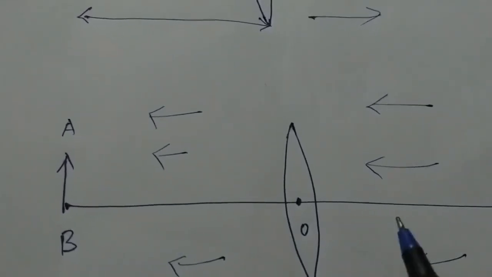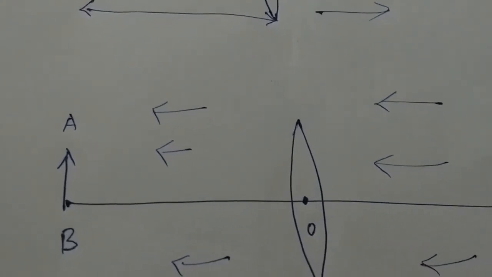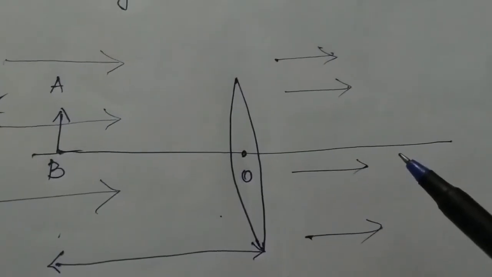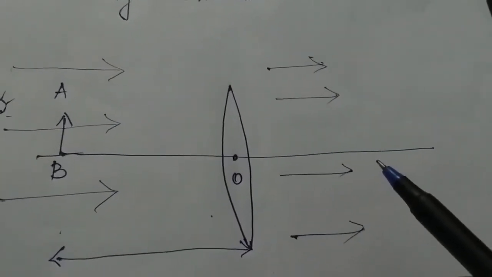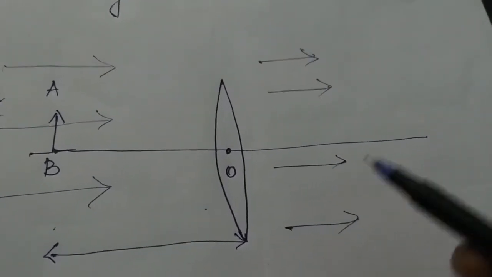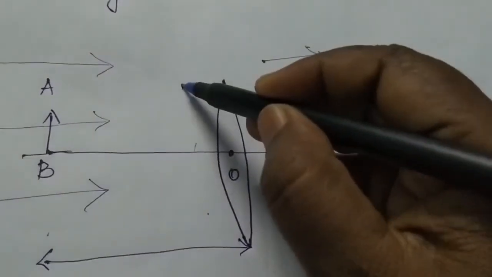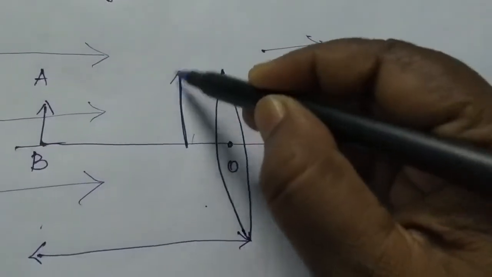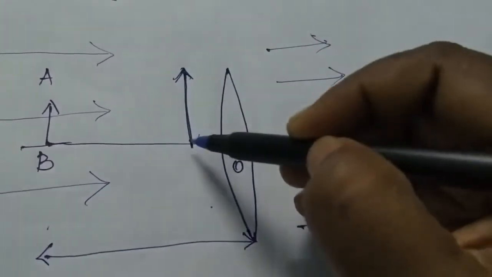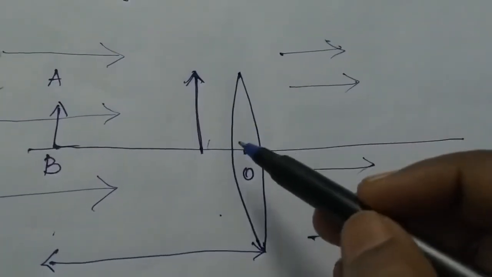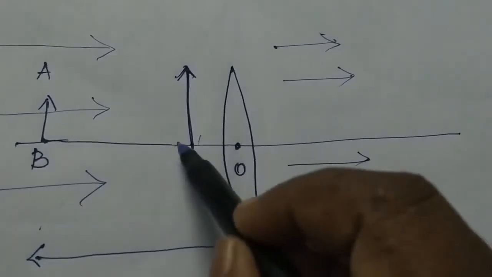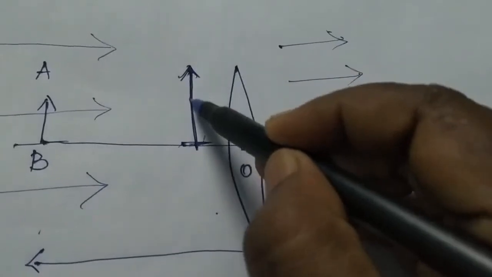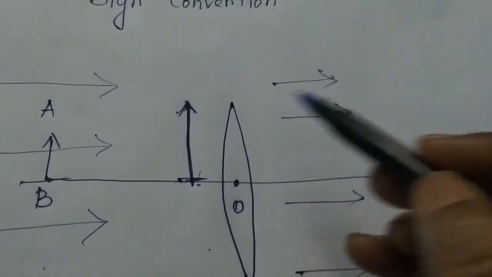is taken as negative. And then the distance measured upward and perpendicular to the principal axis, so upward, this one, the distance measured from the principal axis and it is perpendicular, is taken as positive.